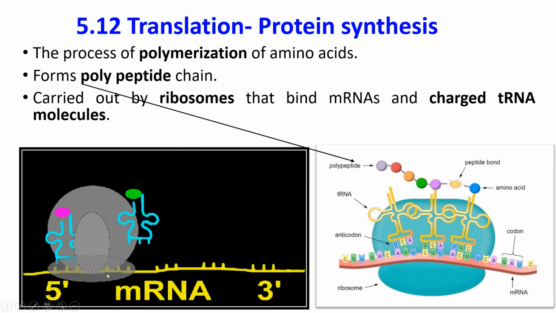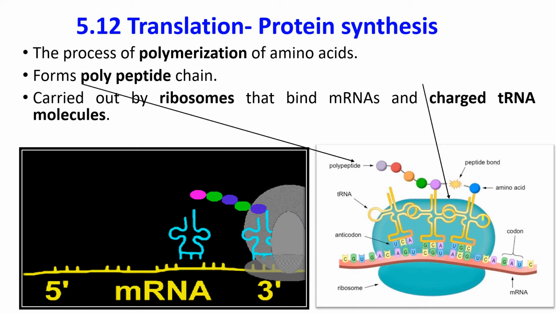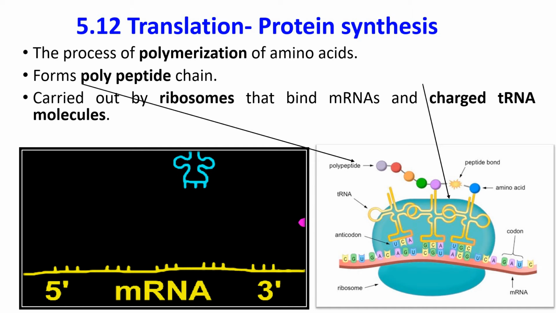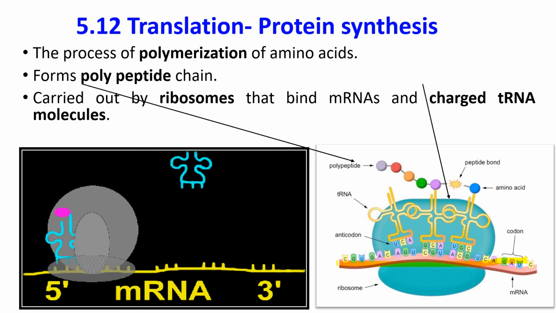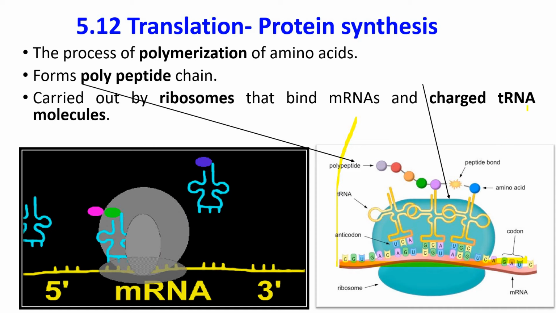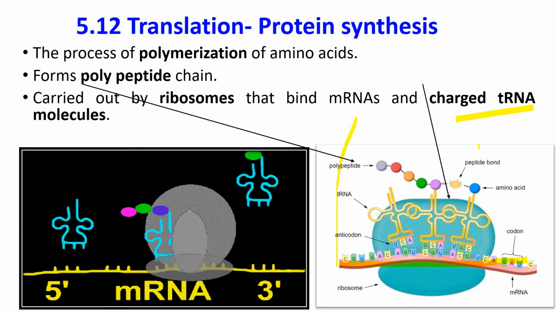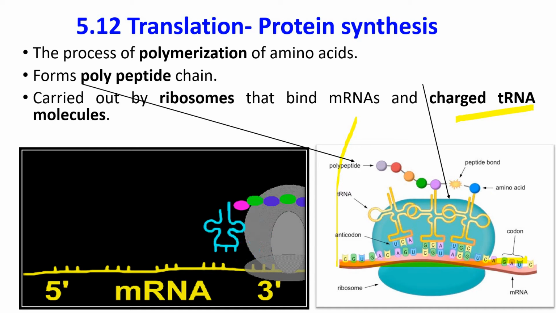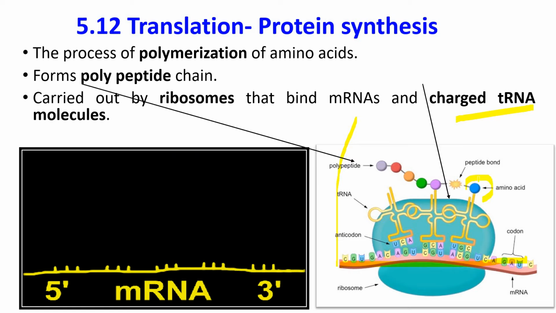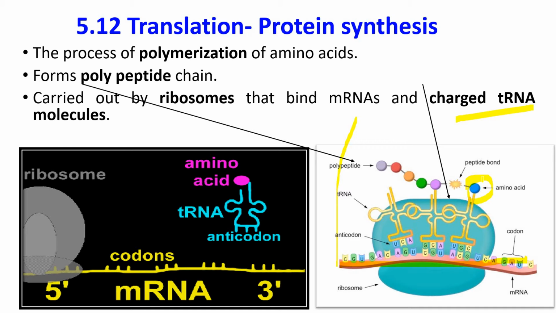The green color is a ribosome. It has two subunits that we will study later. And here is the mRNA and the charged tRNA. What is the meaning of charged tRNA? This is a tRNA. When it carries one amino acid, it is called a charged tRNA.